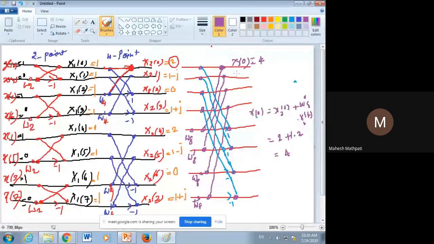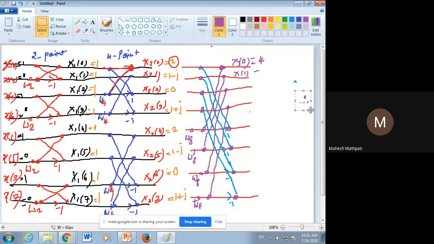X of 1. Now who will tell me what is the value for x of 1? कोई बताएंगे willingly? Wait, 1 minute. Let me write it here so that everyone will understand.